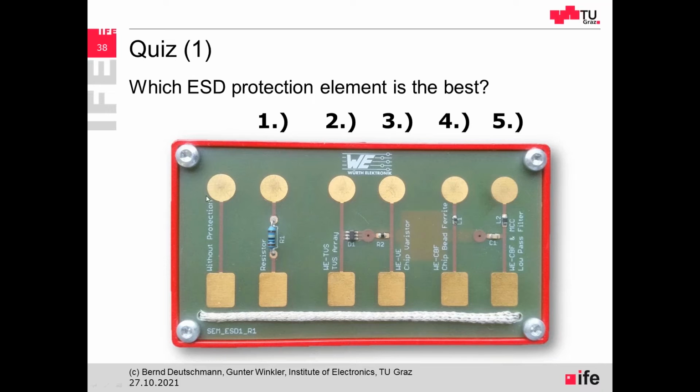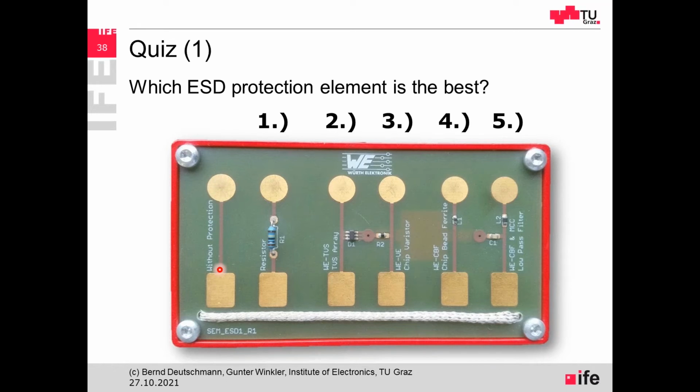The way this system works, we have a discharge area, and there we are shooting an electrostatic discharge into this area, and the student can place the finger, the thumb for example, between this metal area here and this metal ring over there, and then he or she can really feel the electrostatic discharge. So the first place here is more or less a reference, so there is no electrostatic discharge.